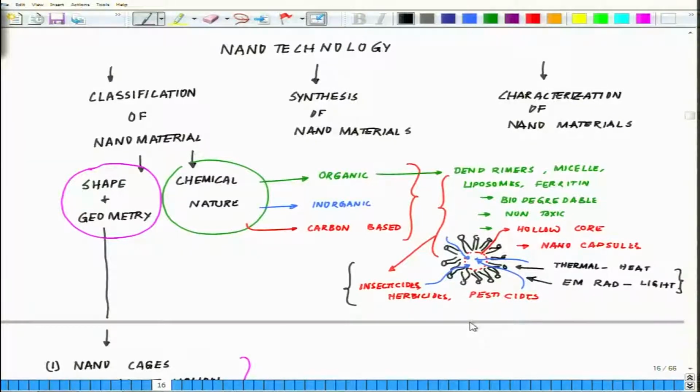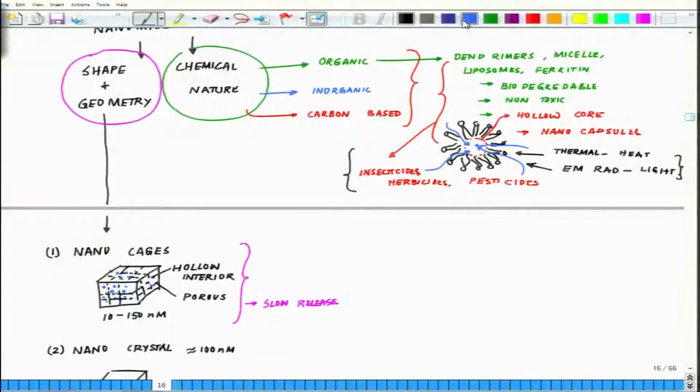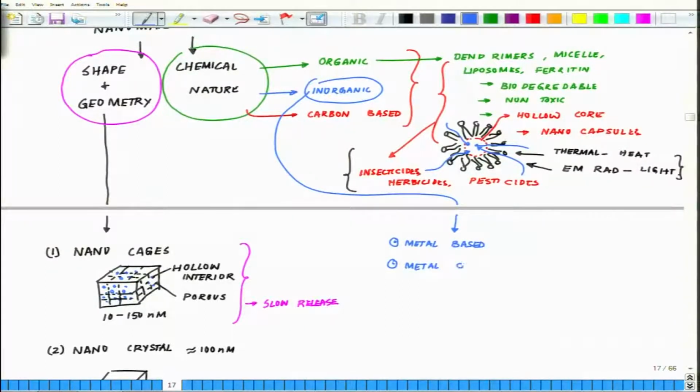Then comes your inorganic brother in that community, which includes inorganic nanoparticles or nanomaterials: metal based and metal oxide based.